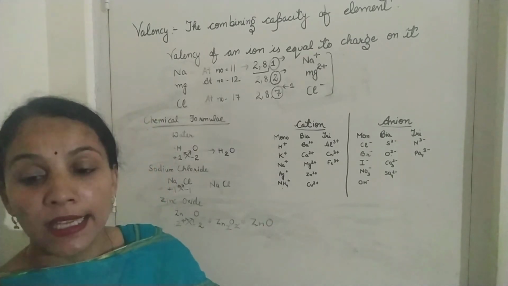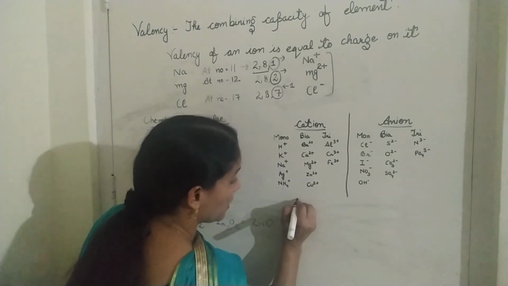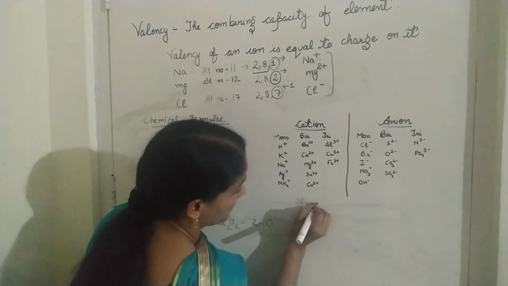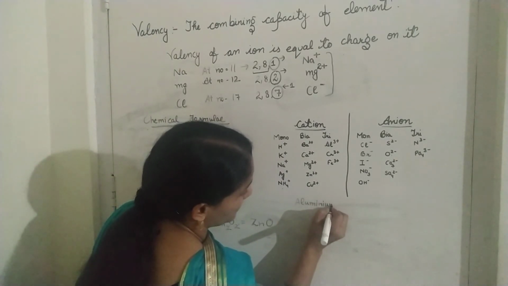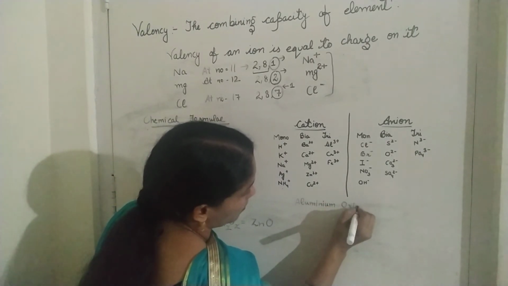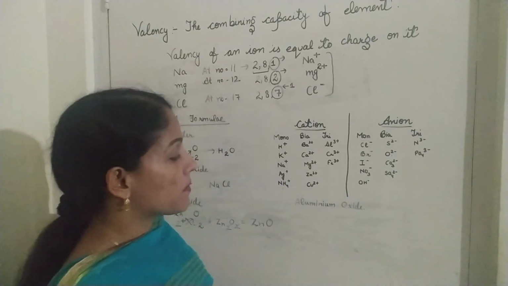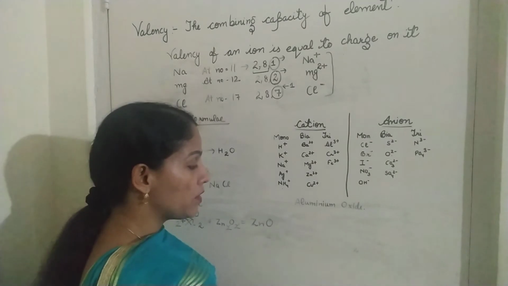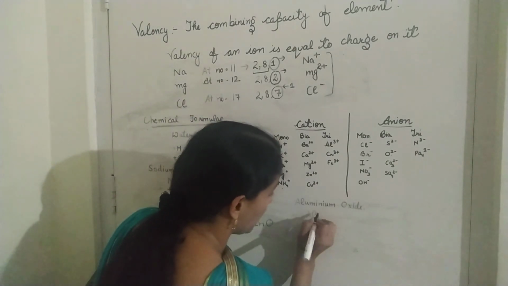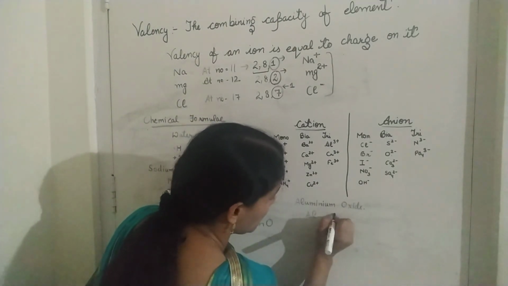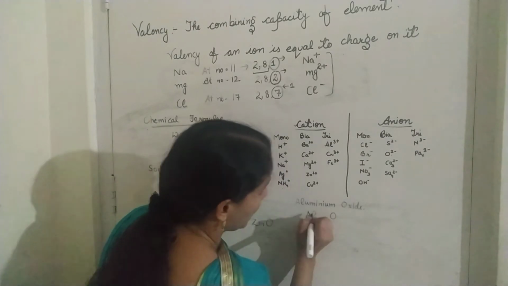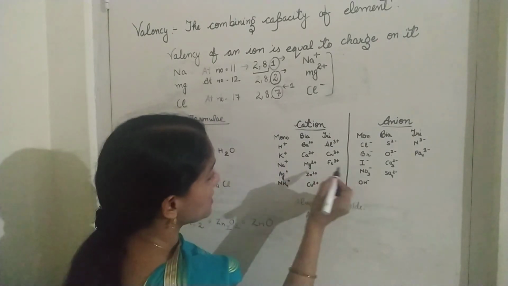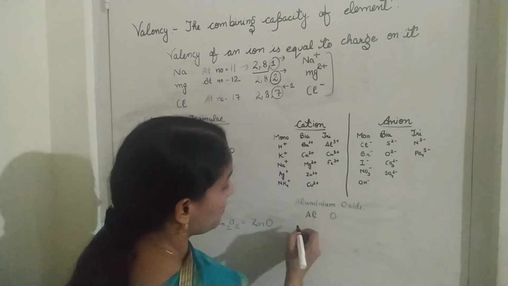Now next we are taking the example of aluminium oxide. On writing the chemical formula for aluminium oxide, you have to remember which two elements are here. One is aluminium and second is oxide. What is the valency of aluminium? Just check from here, 3 plus.